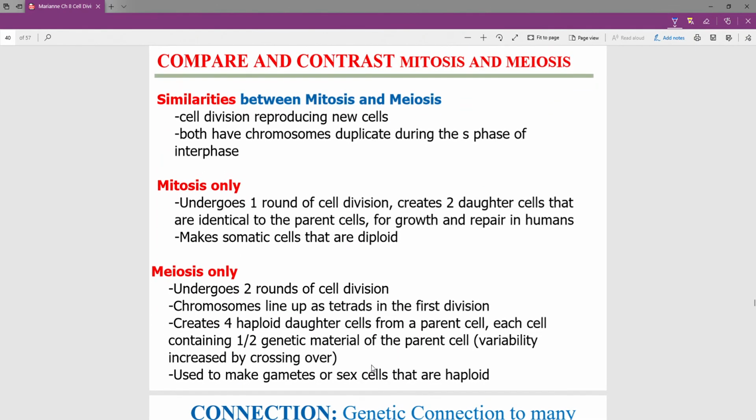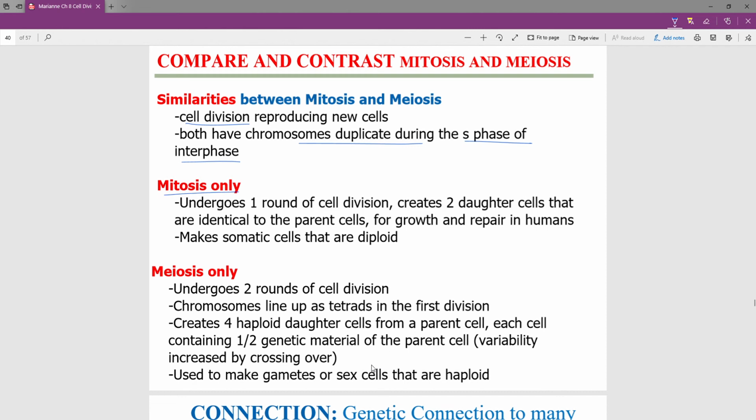So if we were to roll it all together, the things that are the same about mitosis and meiosis and the things that are different would be that they are both cell division. They both have chromosomes being duplicated once during the S phase of interphase. They do have a similar series of steps, but they're not the same. So you could list that they have a similar series of steps, but I didn't put it in the notes here.